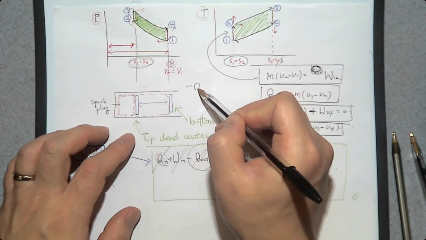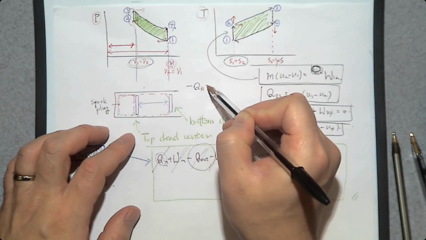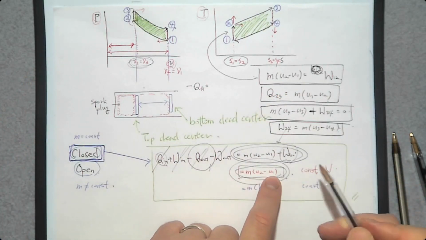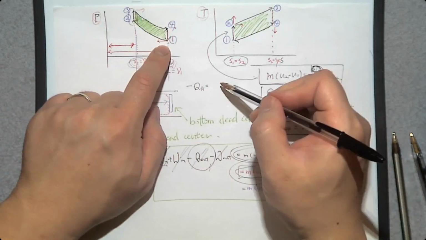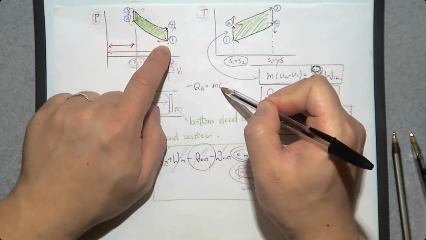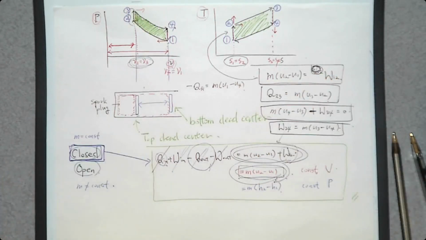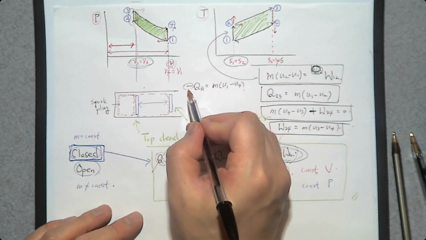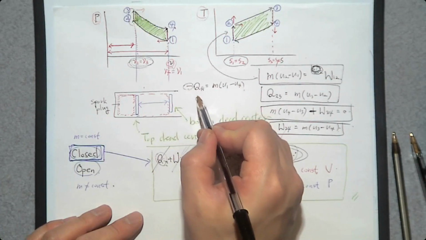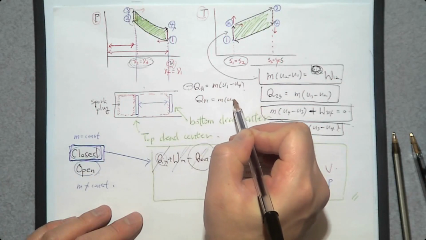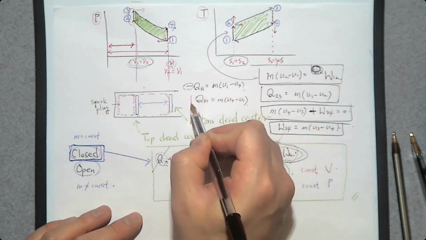So I'm going to say Q41 is going to be mass times U2 minus U1, but it is between 4 and 1, so I can say mass times U1 minus U4. Let's remove this negative sign. So Q41 is going to be mass times U4 minus U1.